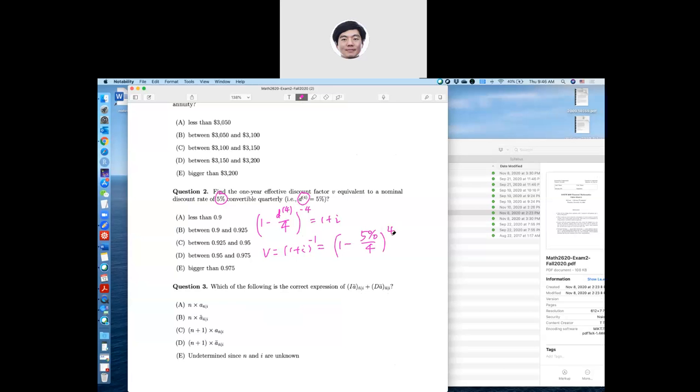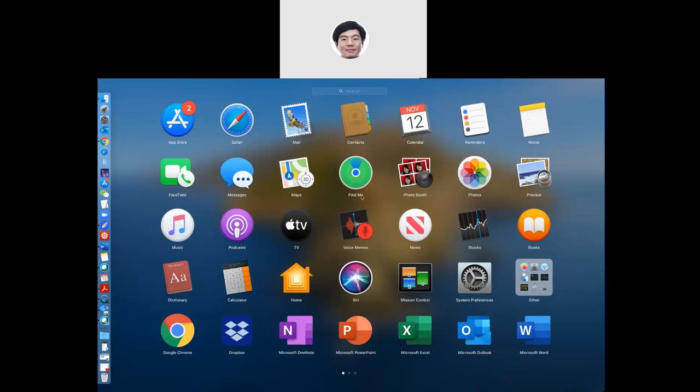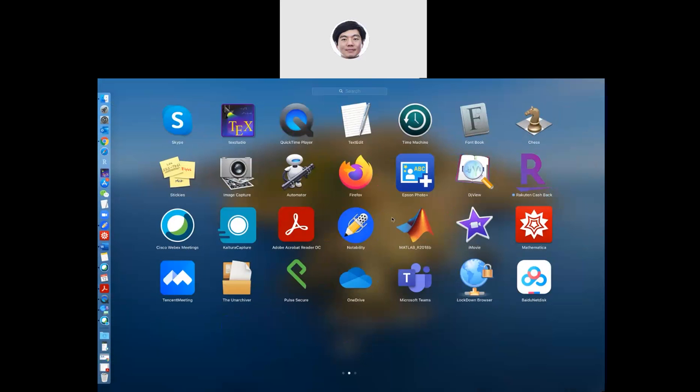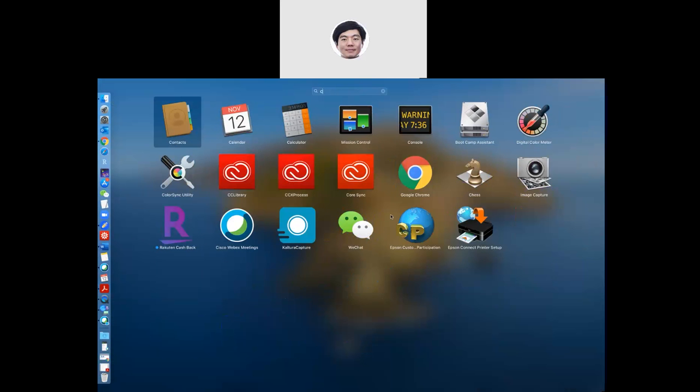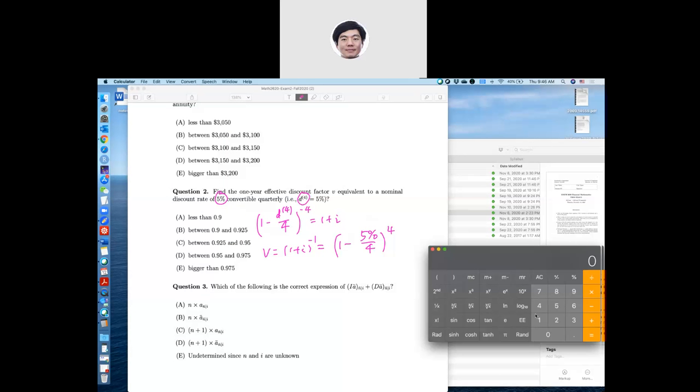So we can even get a calculator. Where is my calculator? Right. So let's put a bracket. Okay, 1 minus 0.05 divided by 4.